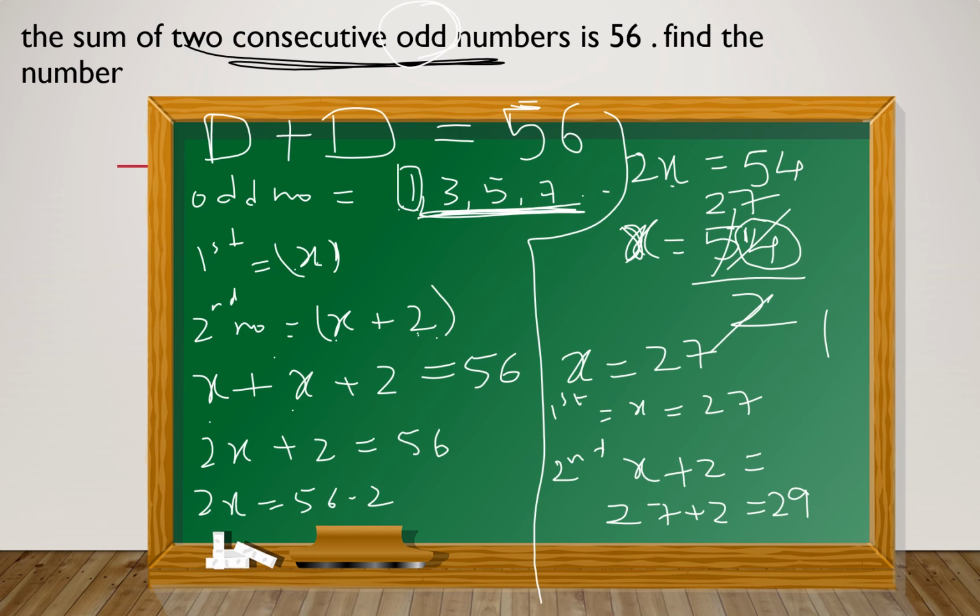That means the first number 27 plus the second number 29. We should get 56. 9 and 7 will get 16, 1 carry goes to the next number, 2 plus 2 is 4, plus 1 is 5. So 56 equal to 56. Both LHS and RHS are the same. So the values of x, the first number and second number are correct.